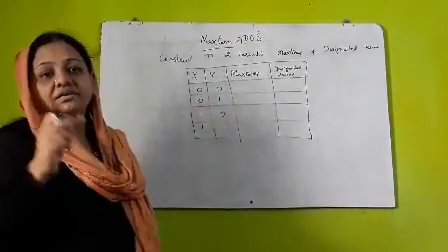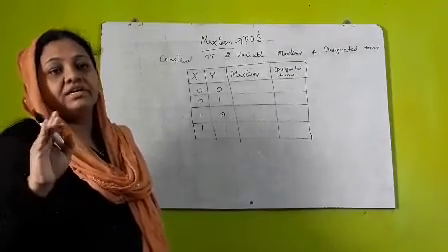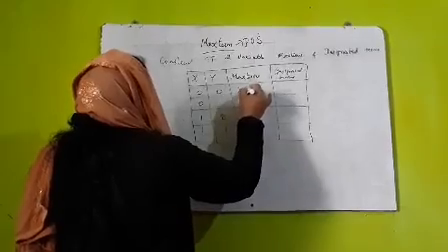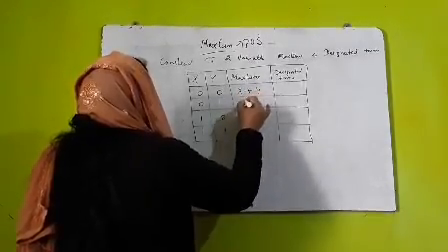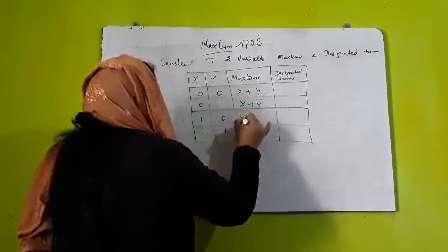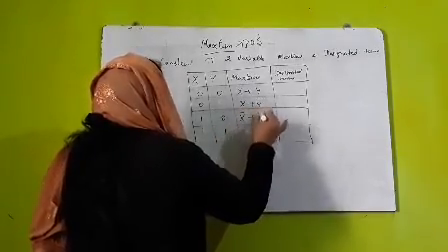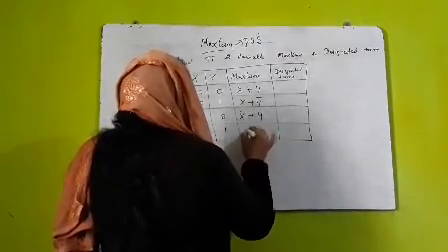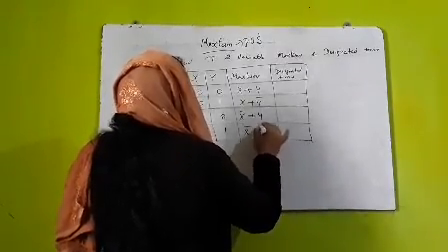And the max term for each combination will be x plus y, x plus y bar, x bar plus y, and x bar plus y bar.